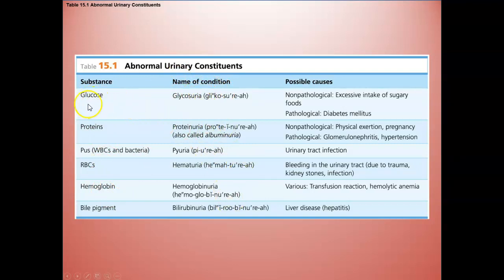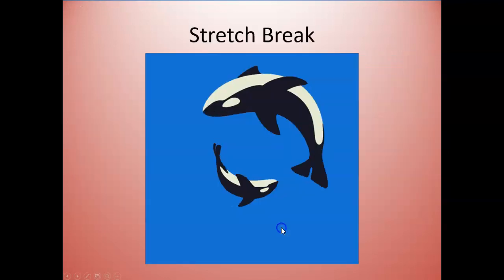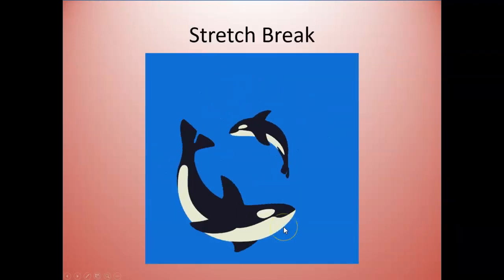If you've got a lot of glucose in your urine, it's glucosuria, and it's usually an indication of either excess intake of sugary foods, or perhaps you've got diabetes. You just have so much sugar getting in your blood that it's coming out that way. So again, some of these things are non-pathological or pathological, depending on what's happening there. All right, and that gets us to our second stretch break.